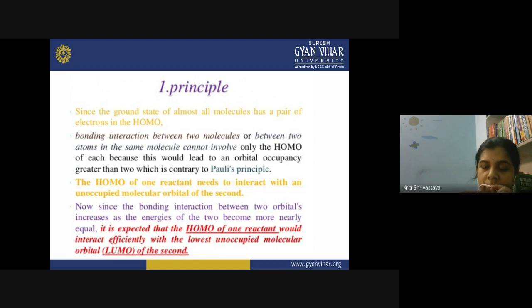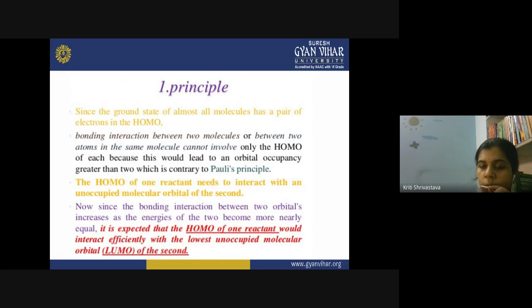So what happens? The HOMO of one reactant overlaps with the LUMO of the other molecule. Now, what is this LUMO? LUMO is the lowest unoccupied molecular orbital, the molecular orbital which does not have any electrons.